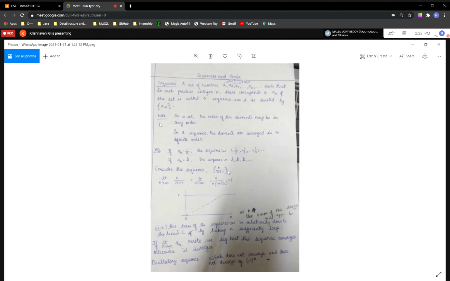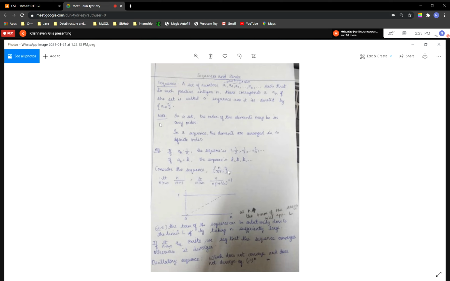That is, the terms of the sequence can be arbitrarily close to the limit L, not equal to 1, by taking n sufficiently large.